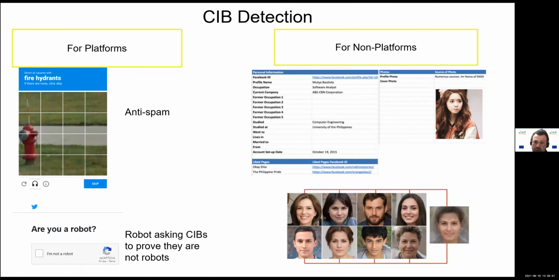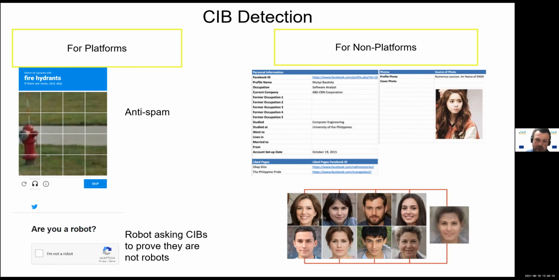For non-platforms, you have 2 instances in various studies. You have a screenshot of Rappler's database, which is called the Shark Tank, and it was completely manually populated by accounts they identified as being coordinated inauthentic behavior.